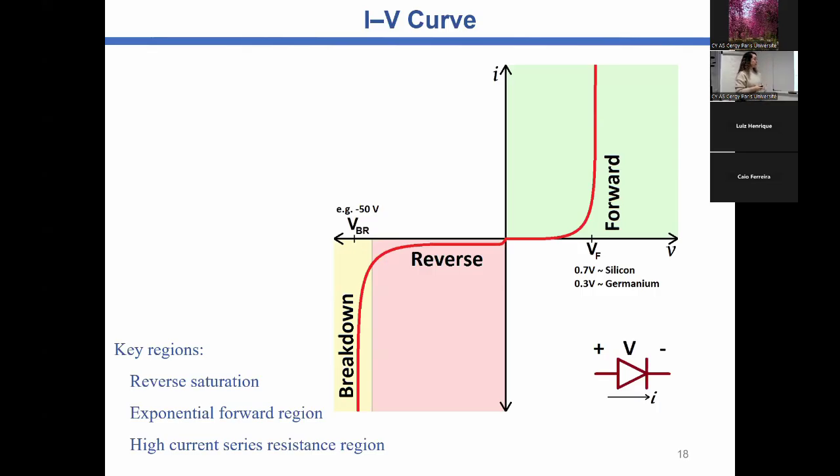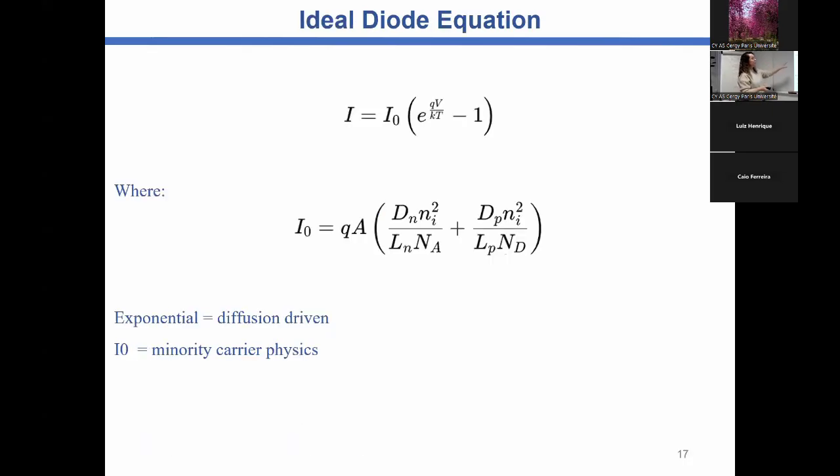But the diode polarization comes from this, and the current that we have here, in the ideal diode equation, the movement of this current is just through minority carriers.